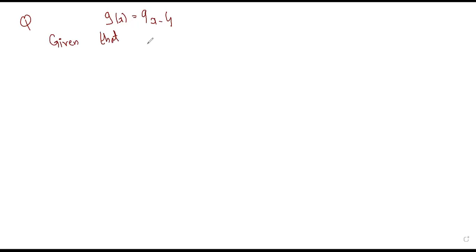Given that g of t equals t, find the value of t.